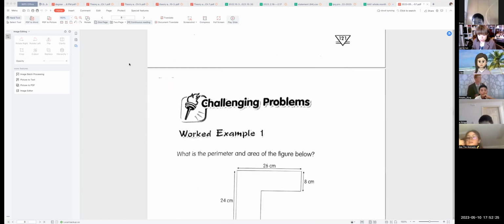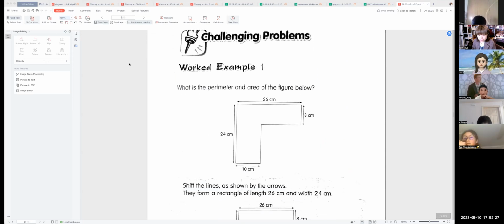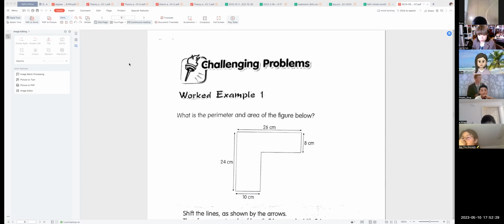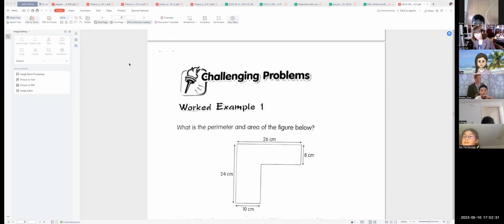Understand? Okay, so now let's take a look at this one. What is the perimeter and area of the following figure? Everybody take a look at this.